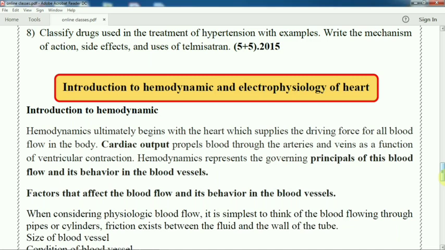That means when the blood flows through the artery, friction exists between the fluid and the wall of the tube.